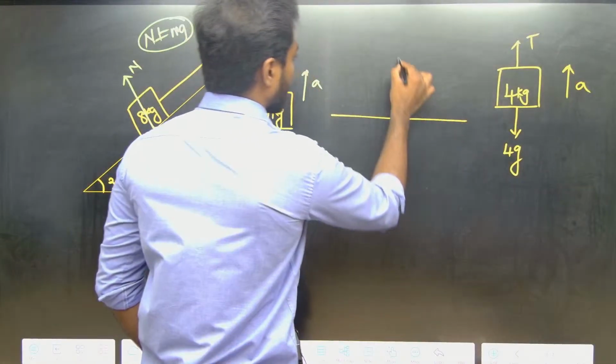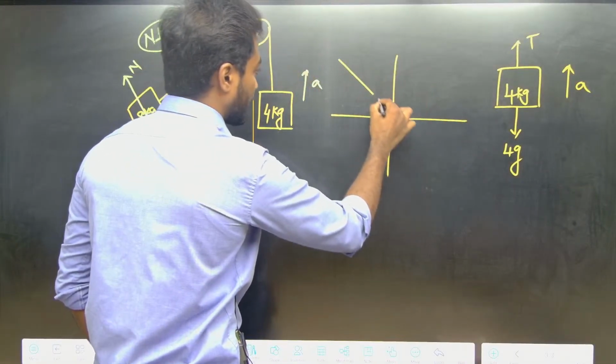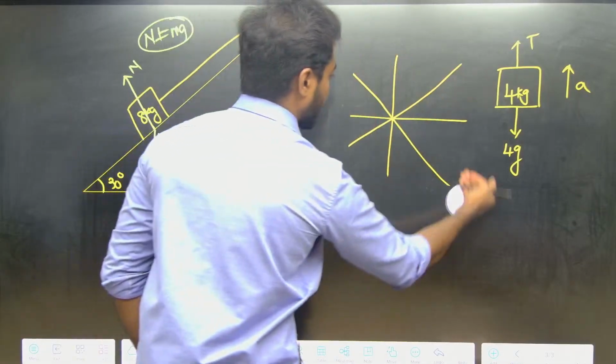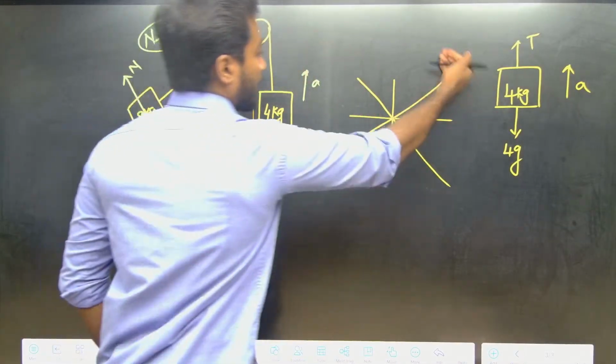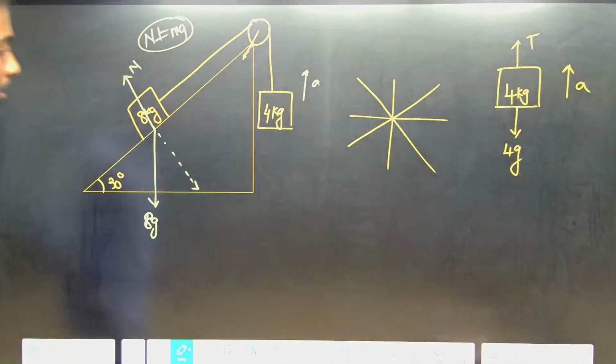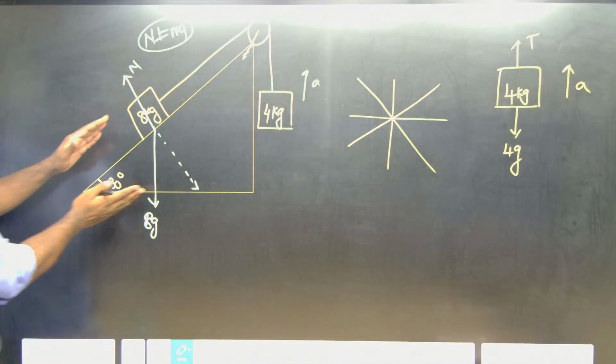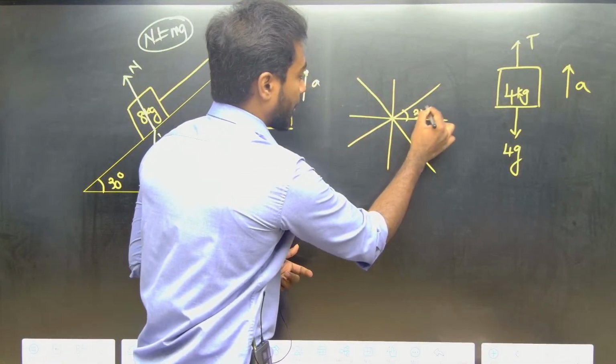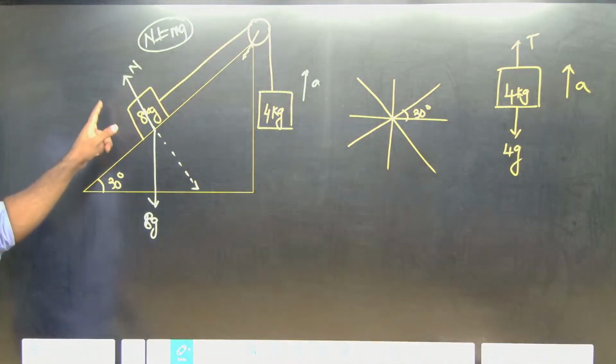Take 8 parts. Okay, we have taken 8 parts. If I consider the same one, can I keep it here? This is my 30 degree. And what are the forces mentioned here?